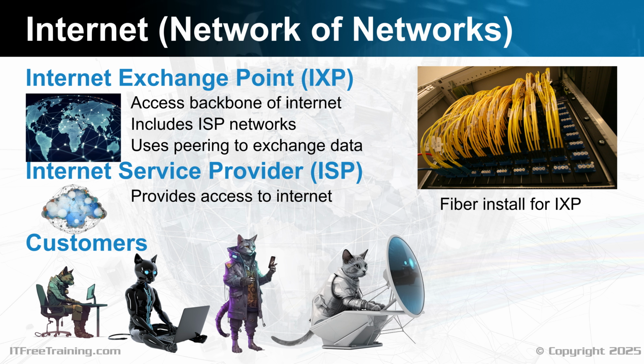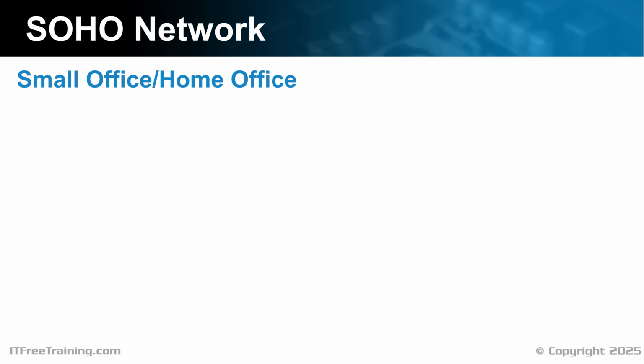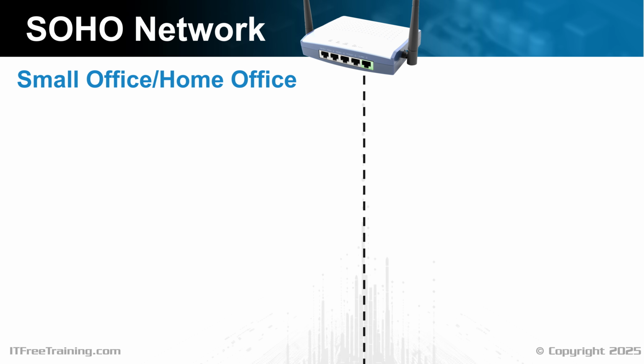Now that we understand how the Internet works, let's now look at the home office network and how this connects to the ISP. You may hear a typical home network or small office network referred to as a small office home office, or SOHO. These networks typically have a router which will divide the traffic into a private network and a public network.